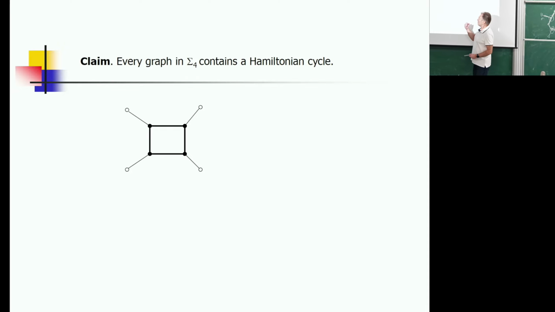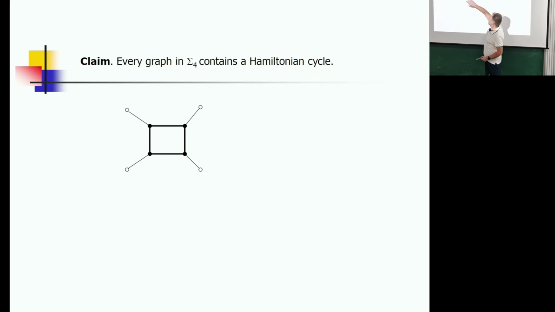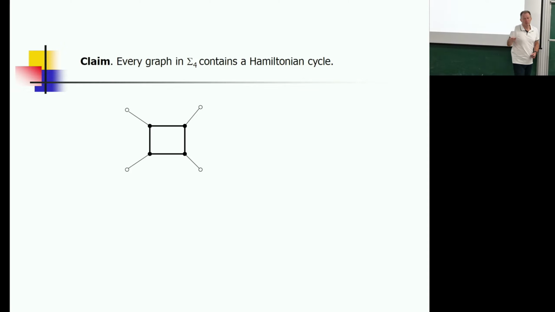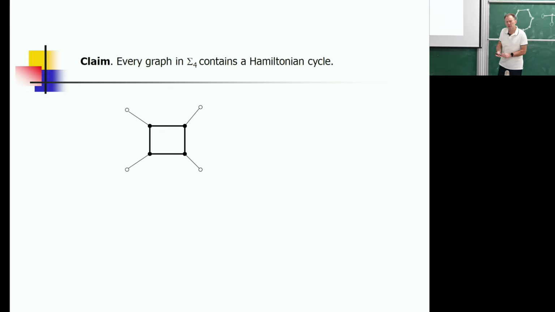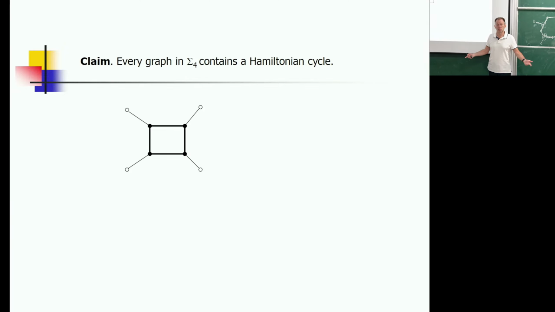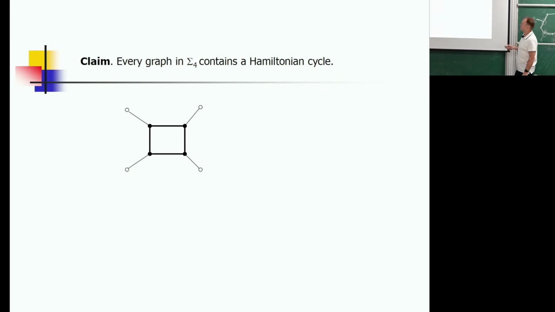To construct a cycle, we must delete either these 2 edges or these 2 edges from each square, from each black component, in such a way that the resulting graph is connected. That's it. That's all we need to do. And I claim we can always find such a couple of edges, such that the removal of these 2 edges does not disconnect the graph. Why?